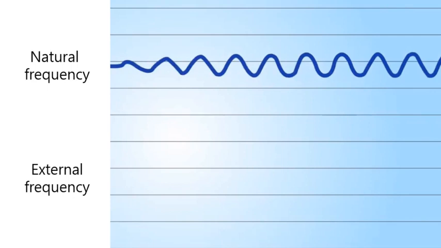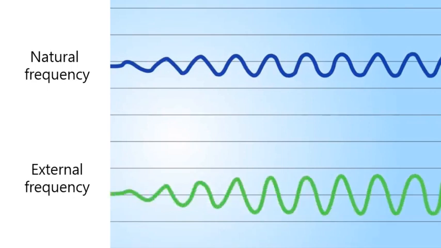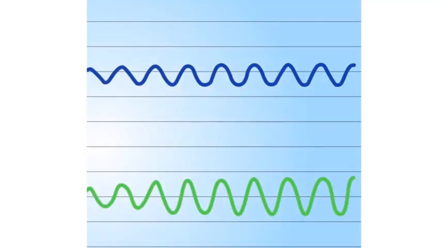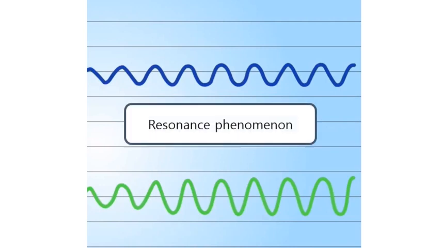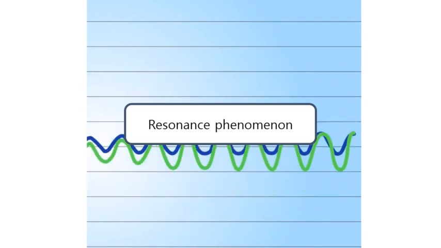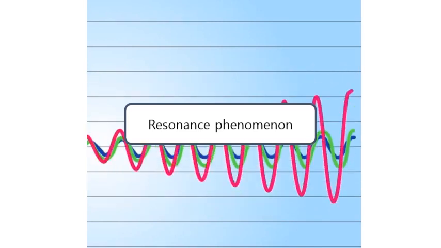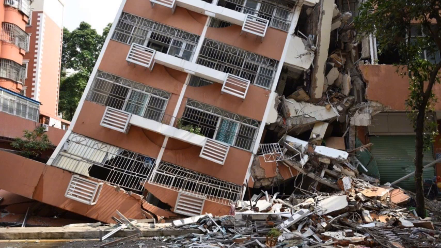There are the natural frequency of the building and the frequency caused by the external load. When a force wave having equal frequency with the building is applied from the outside, the amplitude increases, and this is called the resonance phenomenon. Resonance increases the risk of a building collapsing.